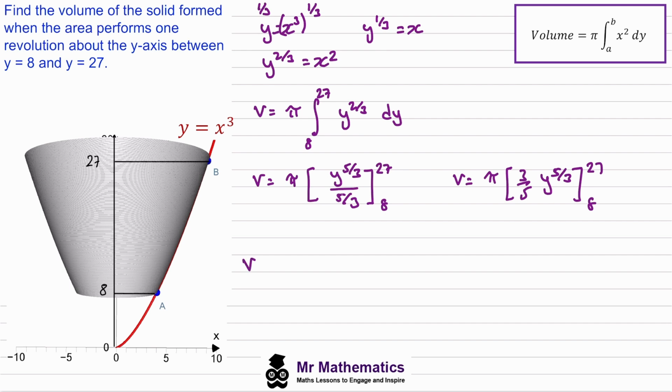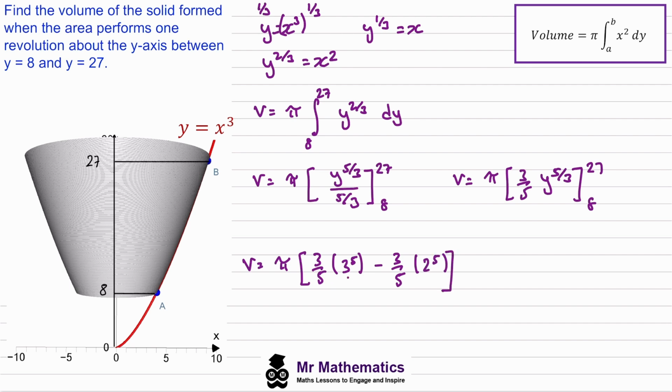So we get the volume is pi multiplied by 3/5 of 27 to the 1/3, which gives us 3, so this will be 3 to the 5, minus 3/5 of 8 to the 1/3, which gives us 2, and then 2 to the 5. Then we'll close that bracket.